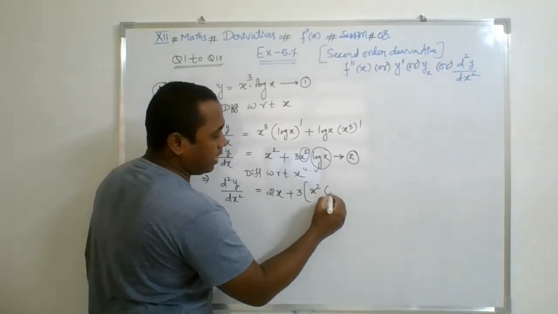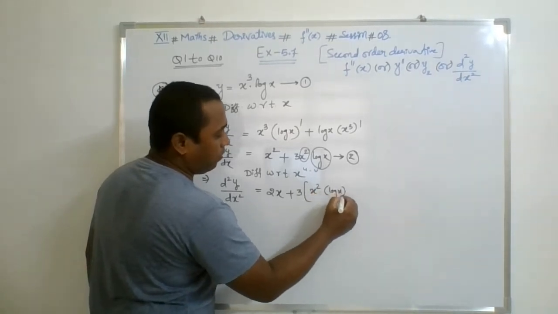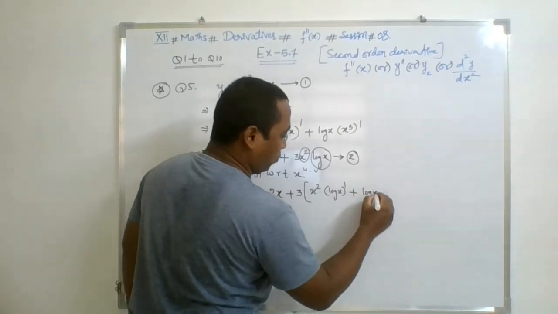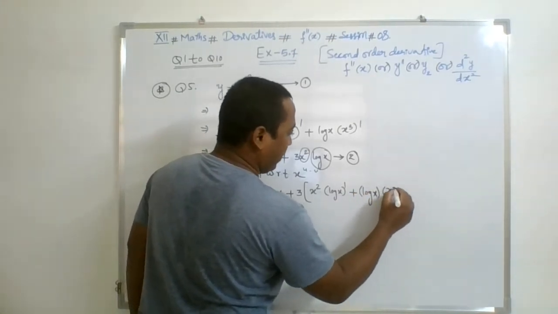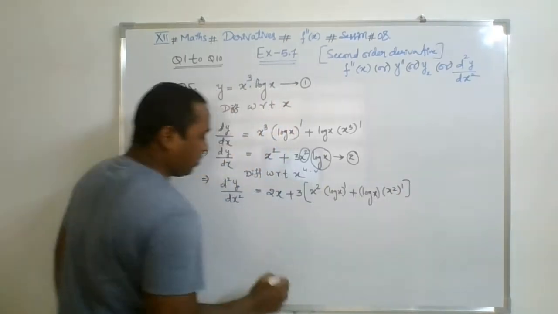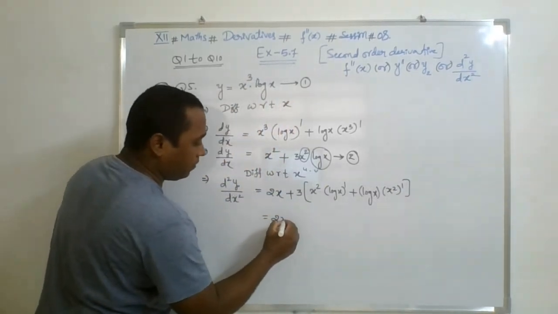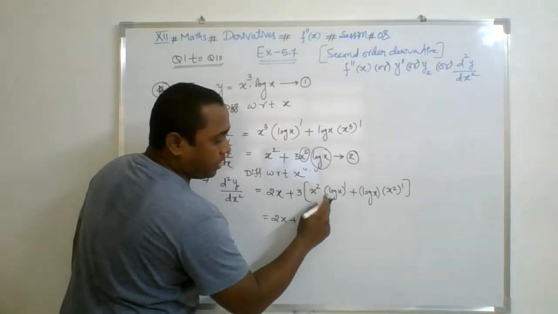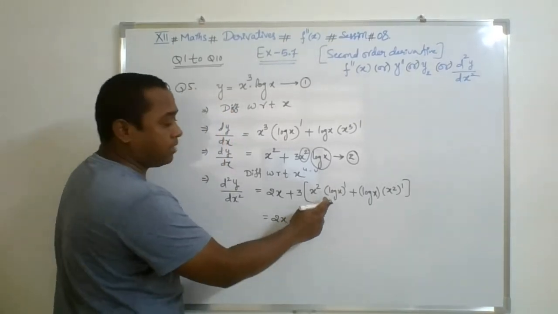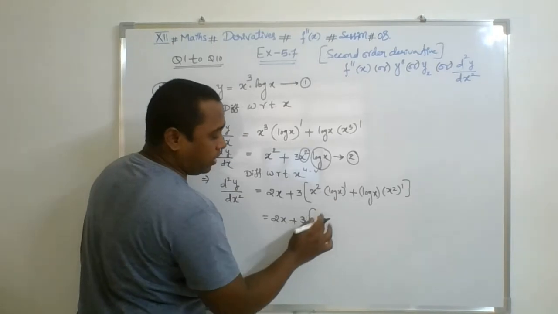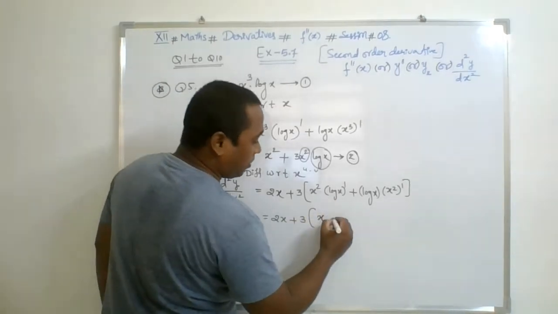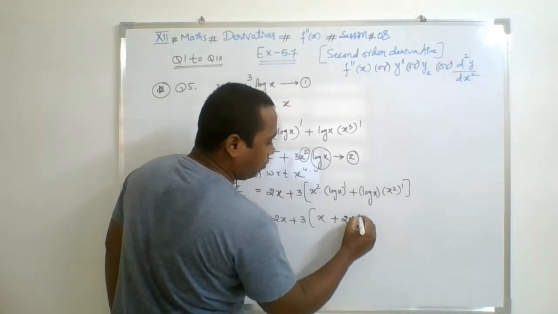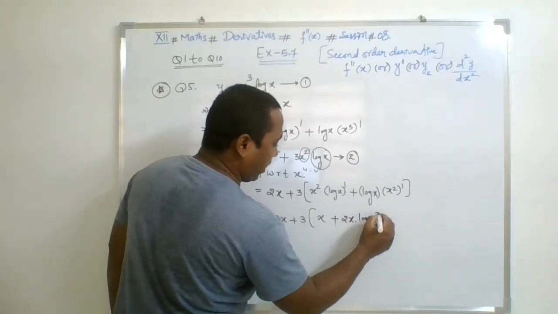Hence, x square into derivative of log x plus log x into derivative of x square. Now simply do the derivative. 2x plus 3 times of x square into log x derivative is 1 by x, then the entire product will give only x, plus derivative of x square is 2x, hence 2x into log x.